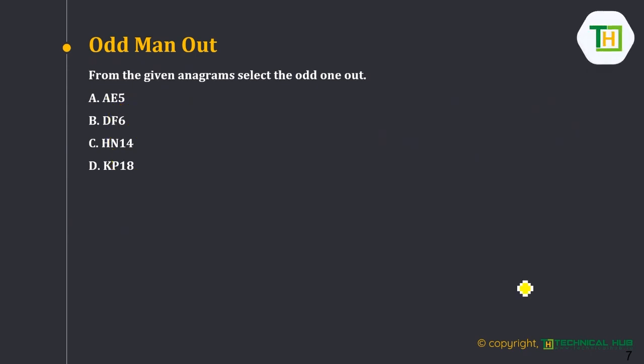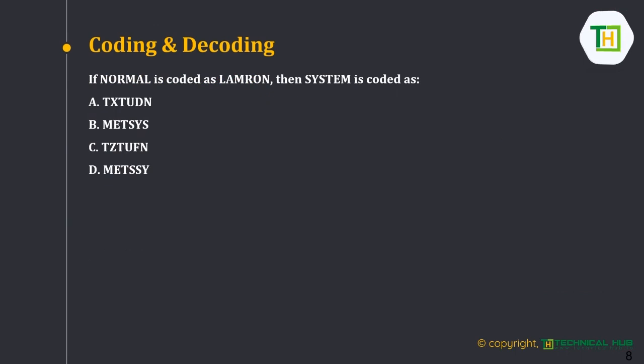We'll move on to the next one, which is from coding and decoding, the easiest of all the questions we have. The normal is coded as LAMRON. The first step in coding and decoding is to check whether the given word and the code have the same number of letters or not.